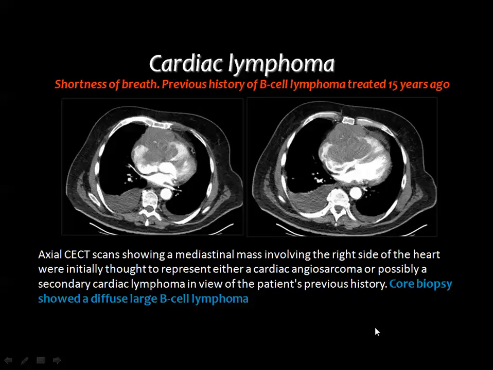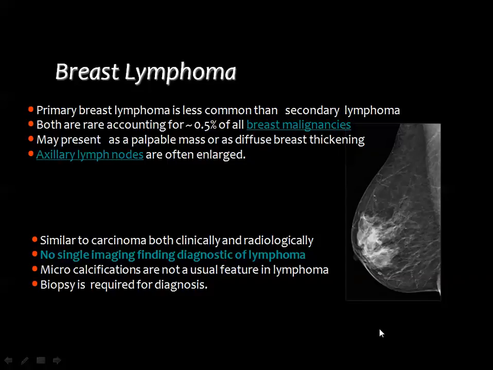And breast lymphoma, the primary is less common than secondary, of course, and both breast lymphomas, primary type and secondary type, are rare, representing less than 1% of all breast malignancies, and may present as palpable masses or diffuse breast thickening. The enlargement of the axillary lymph nodes is often present.